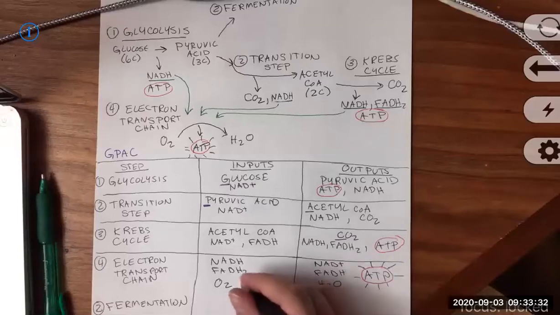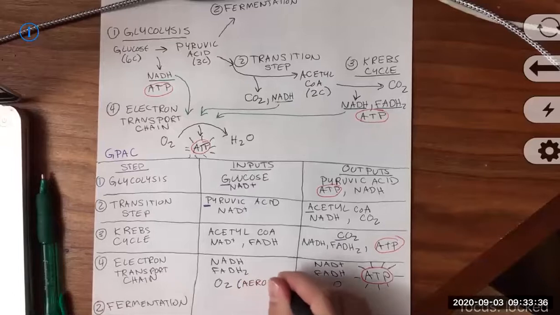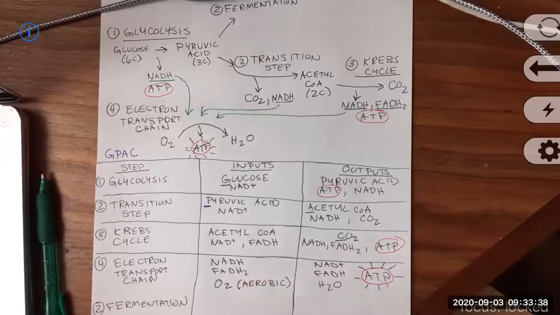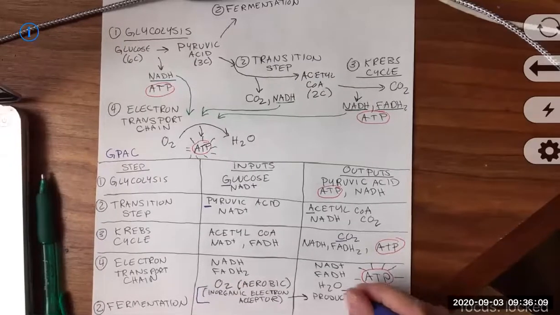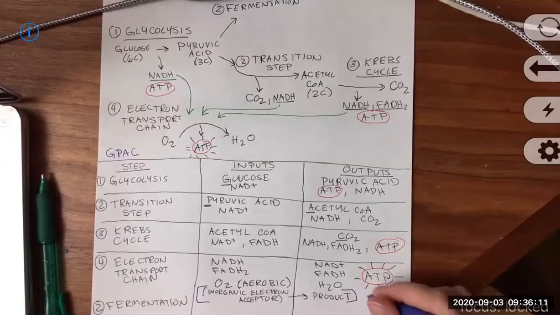This is for aerobic respiration. And this is a really common way, but there could be some other electron acceptor here that generates a different end product. And so I'll write that in as an option. And just note that this is for anaerobic respiration.